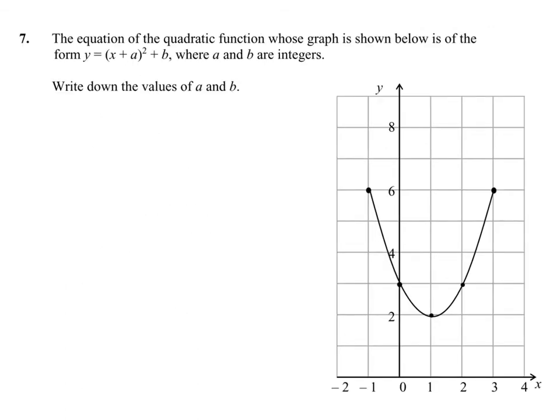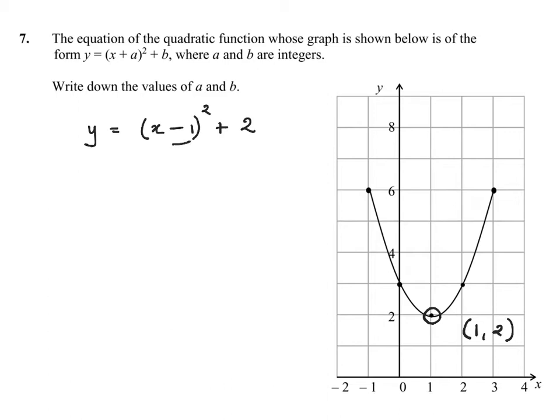Now the important value on the graph is this value here. That's the turning point, and that has coordinates 1 along and 2 up. Now, if I have the coordinates of the turning point, I can form the equation very quickly. It's x minus 1 in this case, all squared, plus 2.